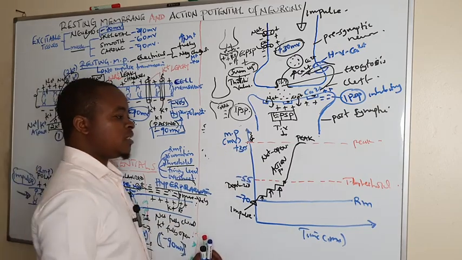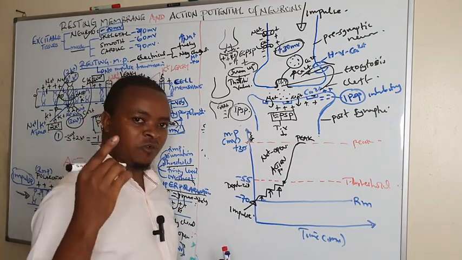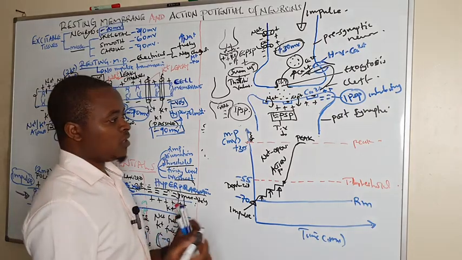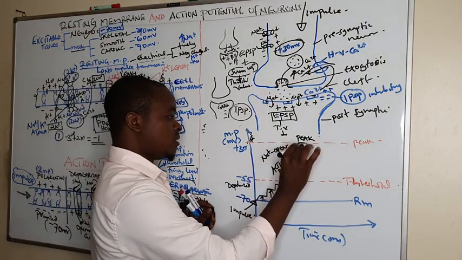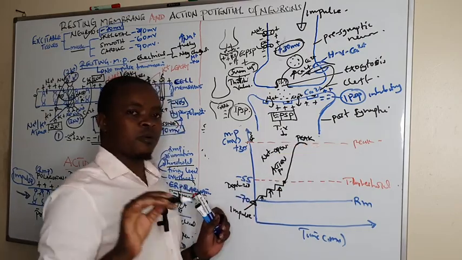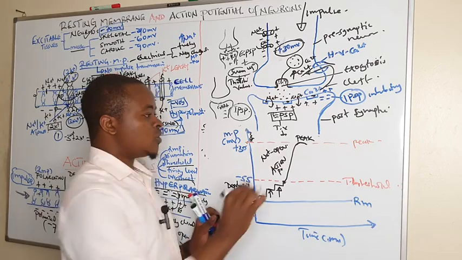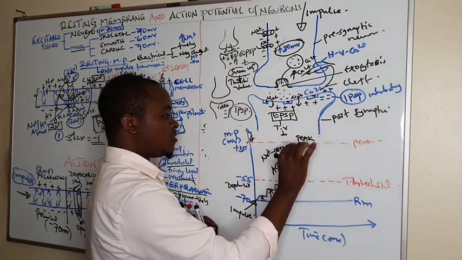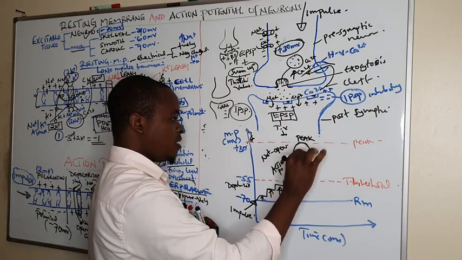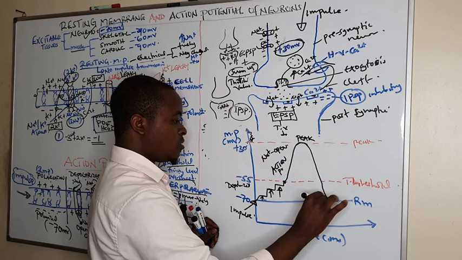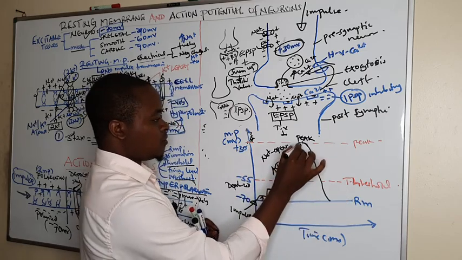We say the sodium channels quickly open and quickly close. So after they reach the peak, they start closing. As they start closing, remember potassium channels are slow to open. So as the sodium channels are starting to close, the potassium channels are starting to open, which will bring about repolarization.